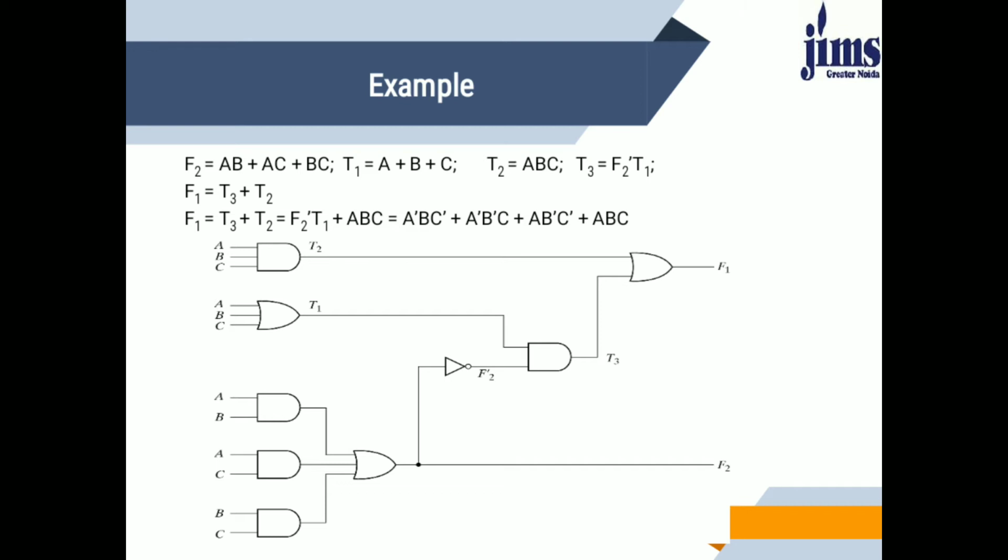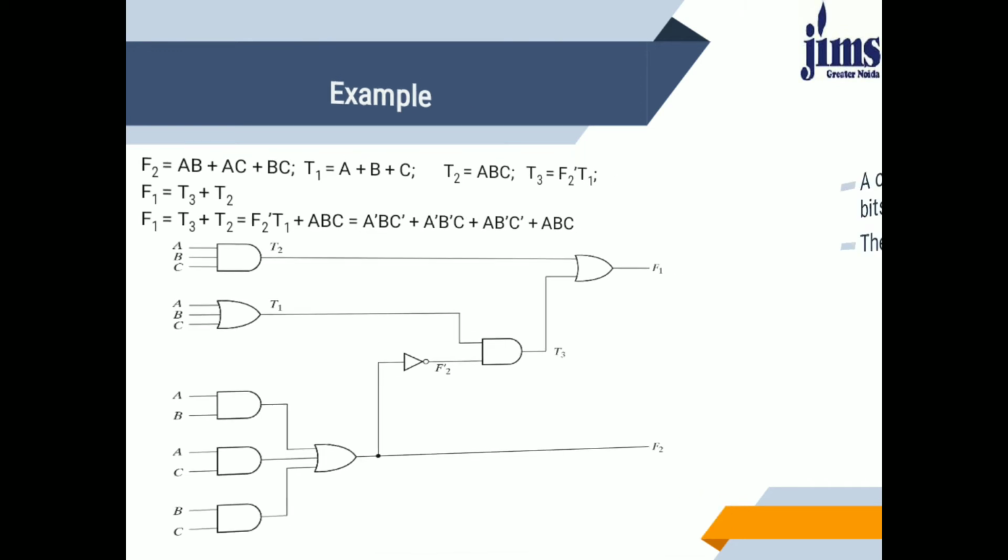First we need to write the expression for T1. T1 is A plus B plus C. And F2 bar is the bar of F2, so first you need to find F2. F2 is AB plus AC plus BC. In a similar way, we need to cross the basic gates one after another, and then the final logic expression will be generated.